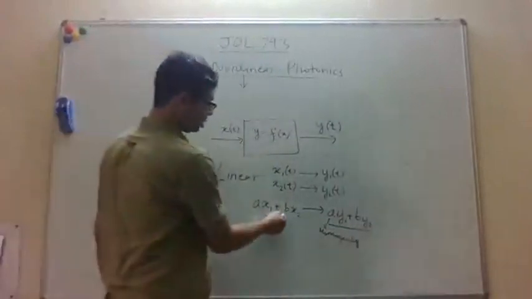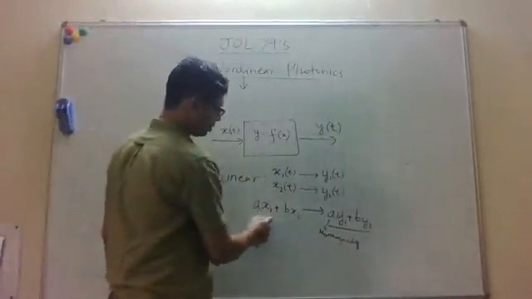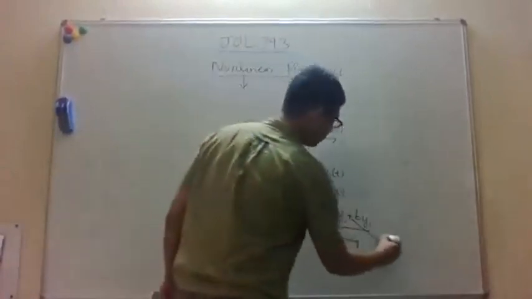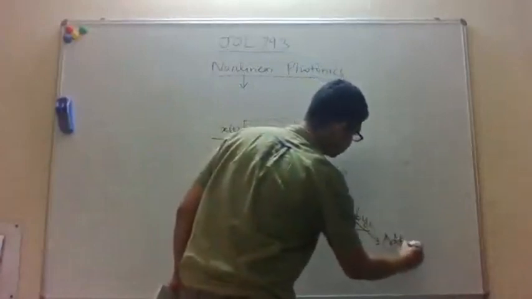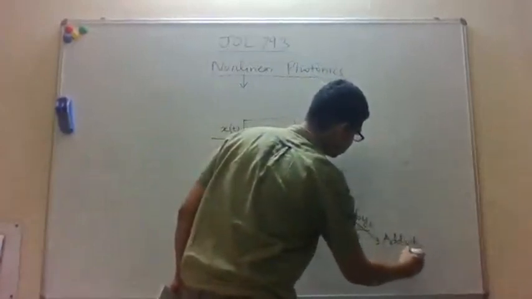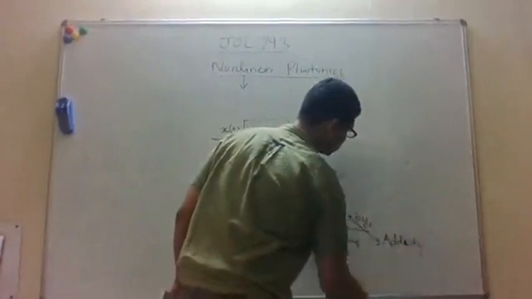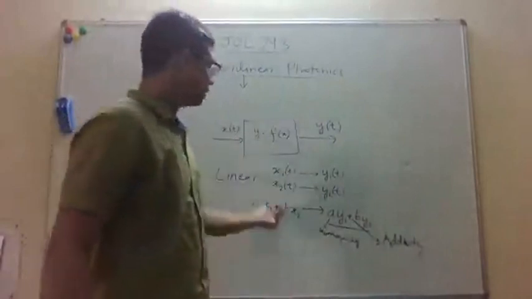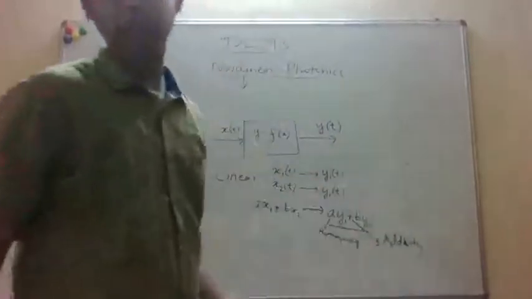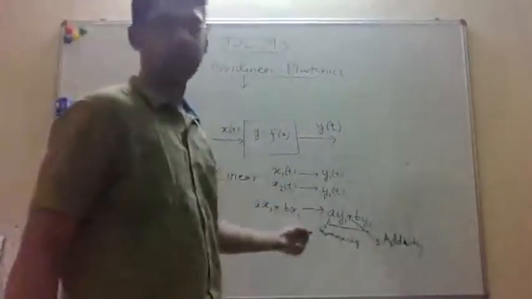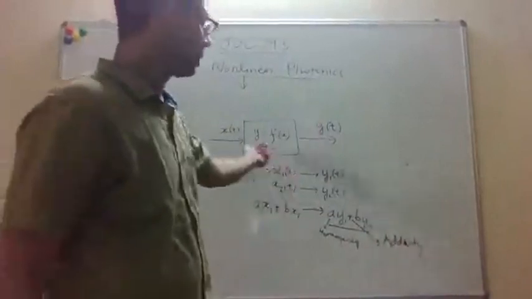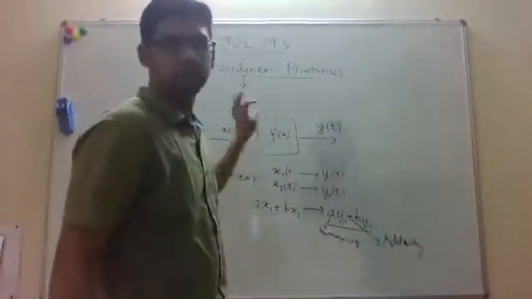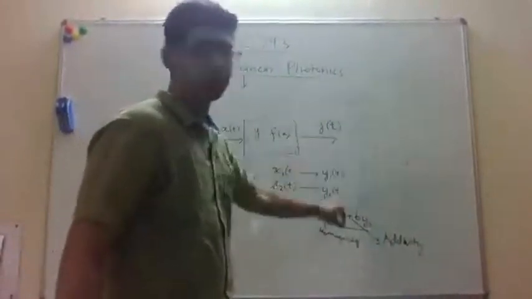And then this plus part: if I add two inputs, I get the sum of the corresponding outputs. That's called additivity. So basically a linear system is one which satisfies these two properties of homogeneity and additivity. If I scale the input by a particular factor, the output also scales by that same factor. If I add a bunch of inputs, the outputs also add.